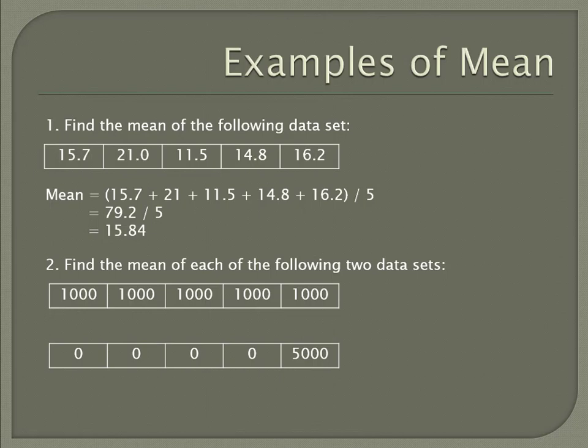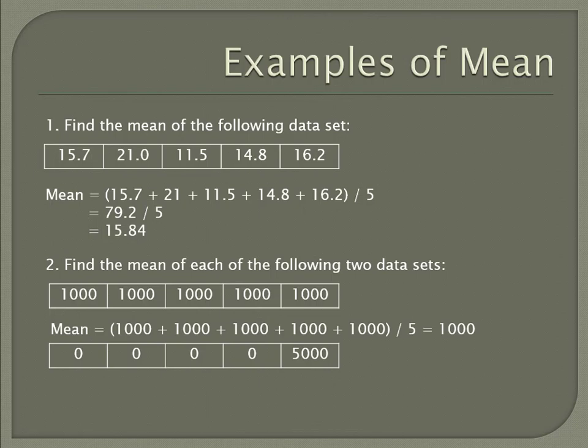That is one situation where you could get an average of 1,000. But another situation is part B, or the second data set there, in which none of the first 4 people win anything, and the last person wins 5,000. If you take that divided by 5, you still have an average of 1,000.